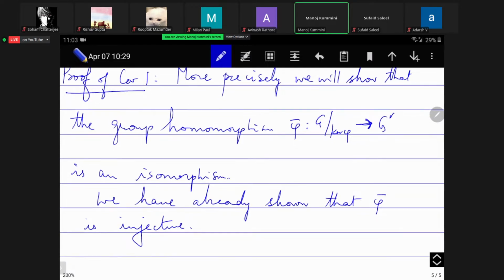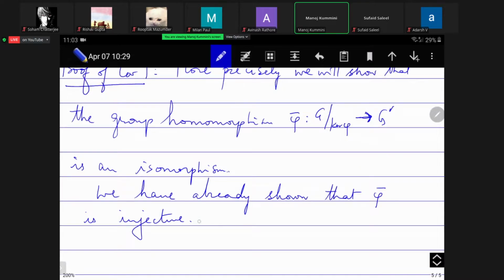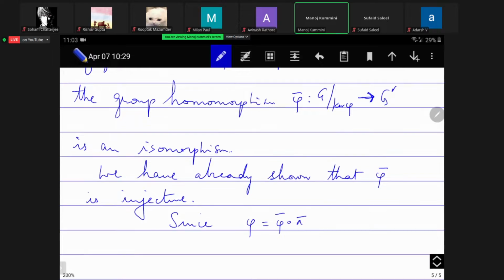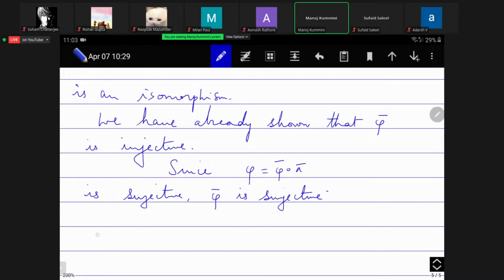But since phi, which is phi followed by phi bar, is surjective, phi bar is surjective. Do this as an exercise if you want.